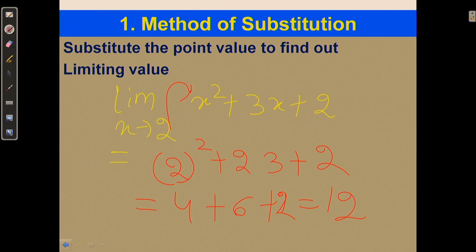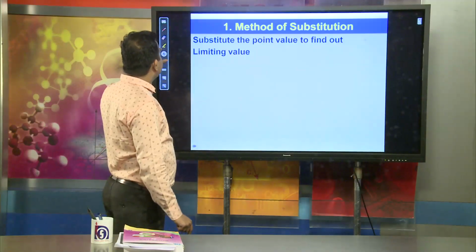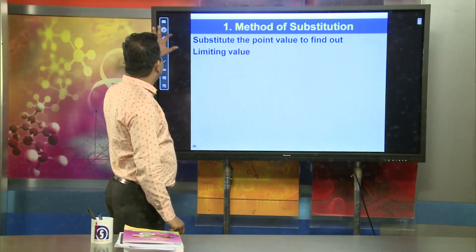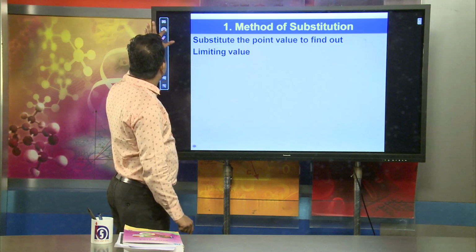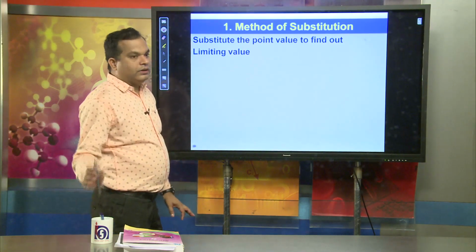That means very easily, by using the substitution method, we can find the limiting value.